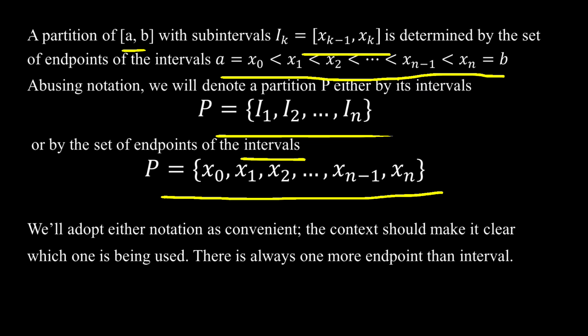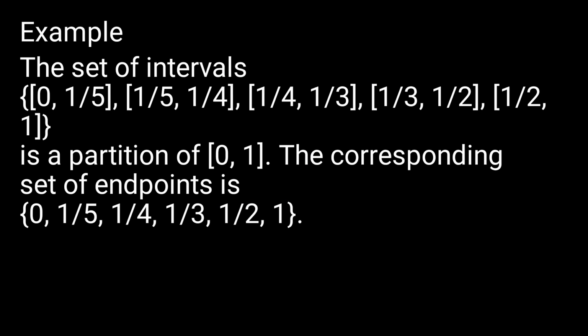In this context, I think it is clear which one will be used, and there is always one more endpoint than intervals. So if you look at this example here, we have these intervals. The partition of this interval from 0 to 1 has a corresponding set of endpoints.